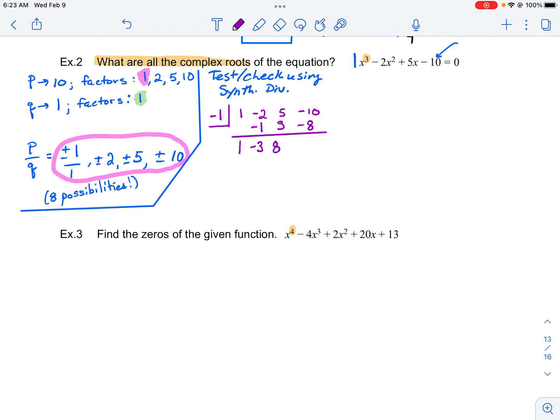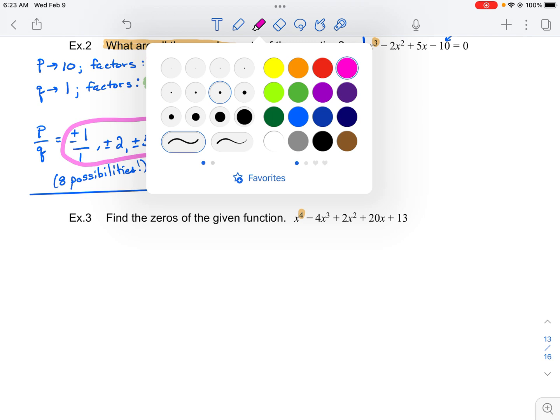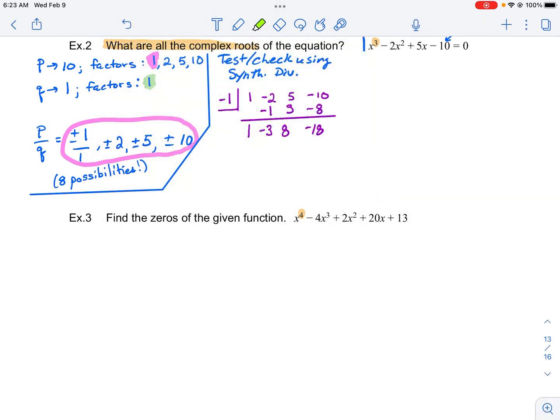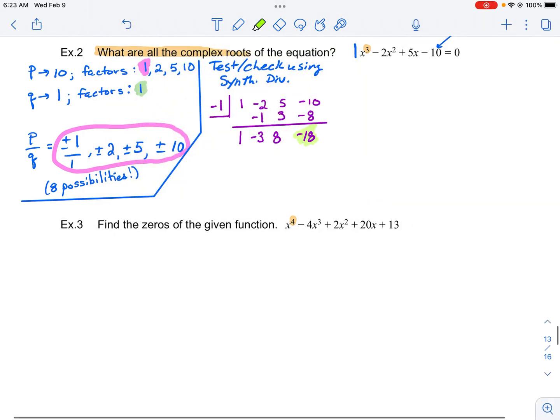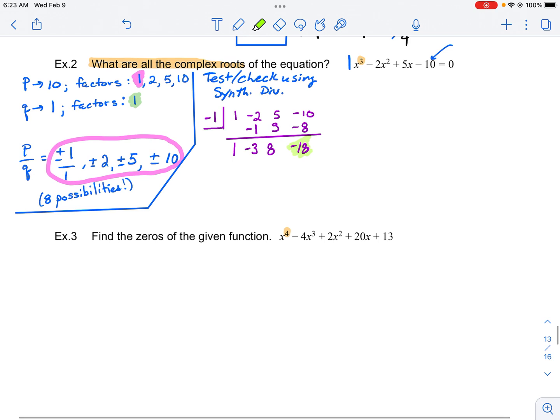So as I'm going along here, I end up with a -18. Now, since this remainder portion right here is not what value would we want there if it's going to be a root of the problem?